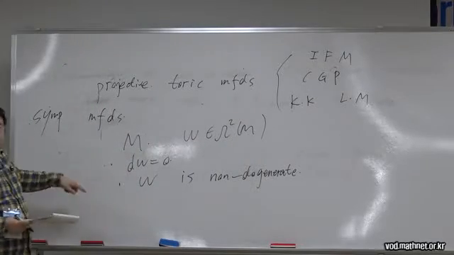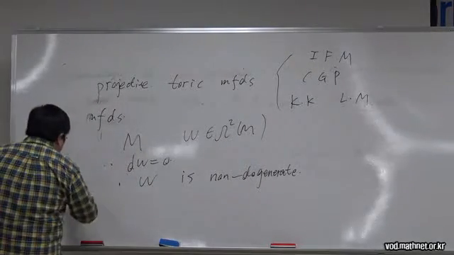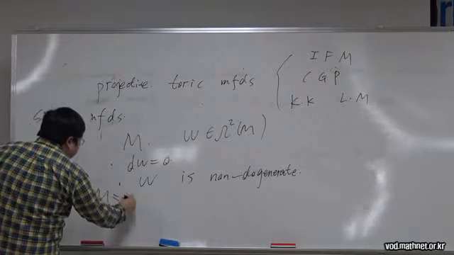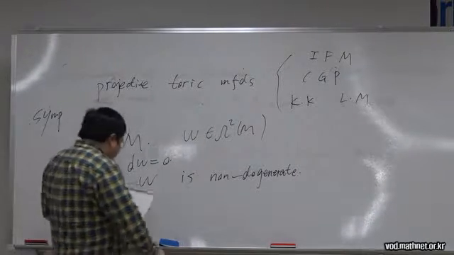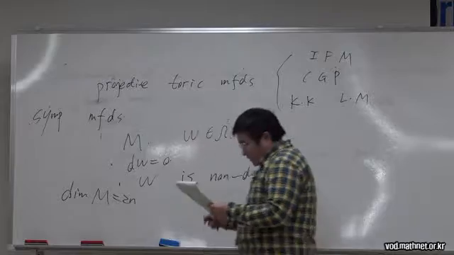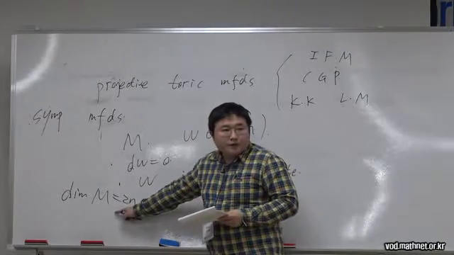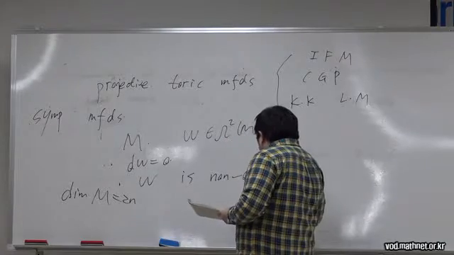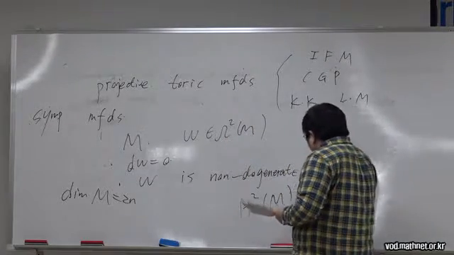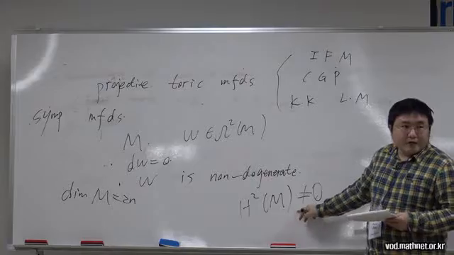From these conditions, we can get that the dimension is even, and this manifold is always orientable. Moreover, if M is a compact manifold, then the second cohomology never vanishes.